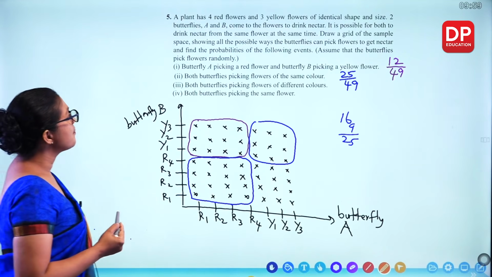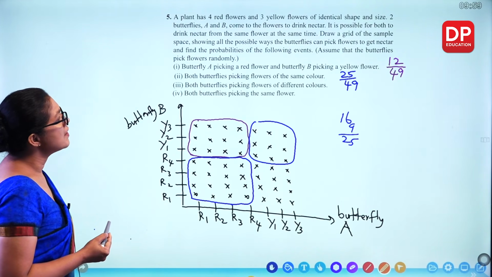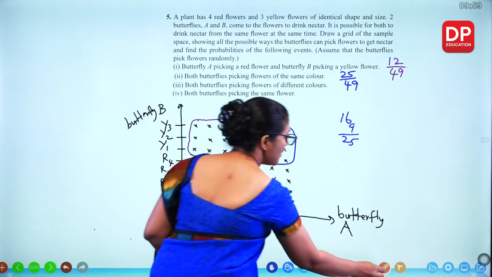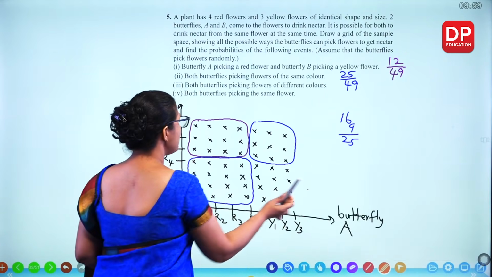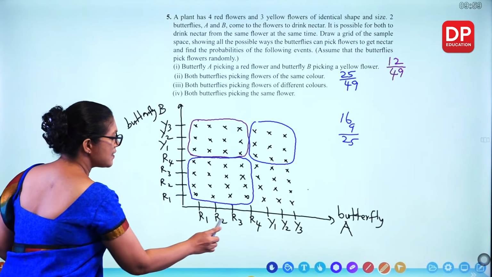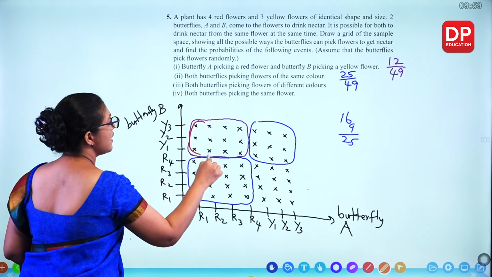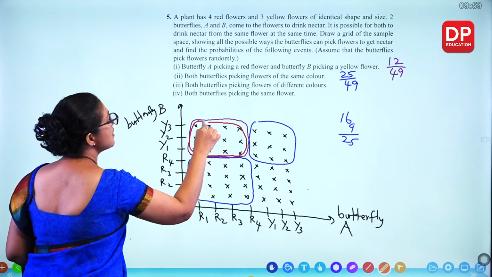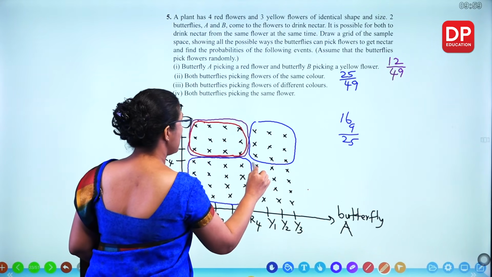The next part, third one, both butterflies picking flowers of different colors. Different colors, we'll take red one now. Different colors means if this is red, that should be yellow here, yellow this part. If this is yellow, this should be red.